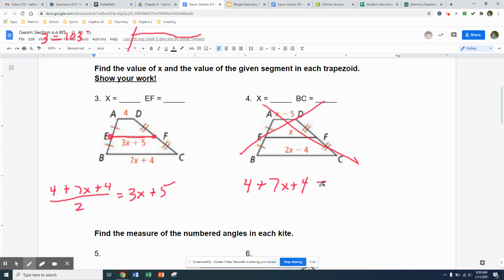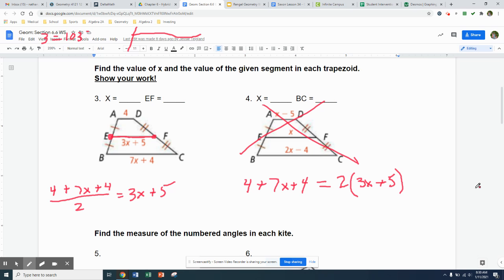So the sum of the two bases could equal the mid-segment doubled. So now instead of dividing the bases by 2, I'm just now doubling the mid-segment, and that's going to make an equivalent equation to get all of my things in my trapezoid to line up. So you have two ways that you could set up these problems.